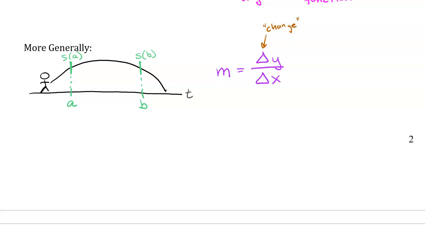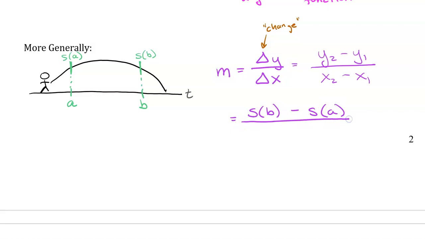It is also the Greek letter delta, which is where we got that. So if we go by y2 minus y1 over x2 minus x1, well, y2 would be the position at time B minus the position at time A over time B minus time A, which is where we get a formula for the average velocity.